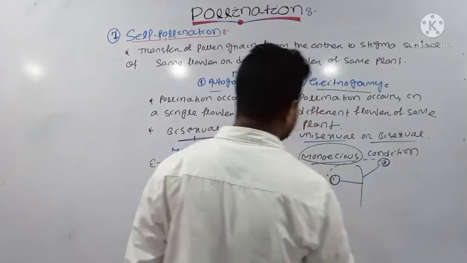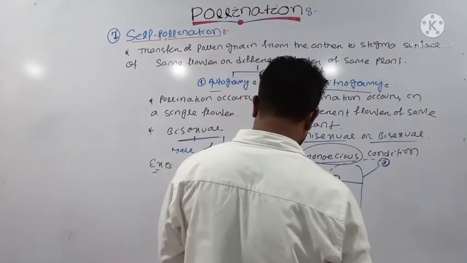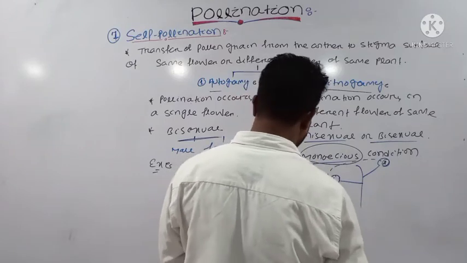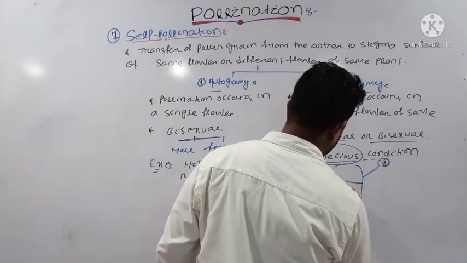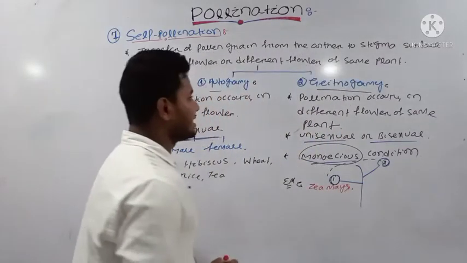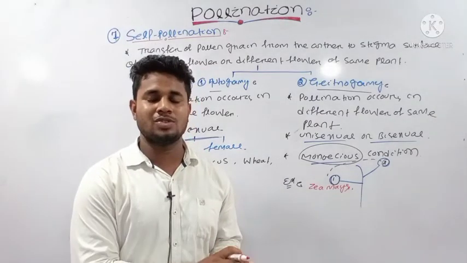And the geitonogamy process occurs mostly in case of cucurbits. These are the basic two types of self-pollination: one is autogamy and another is geitonogamy.